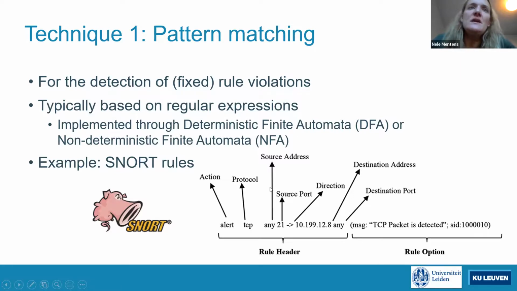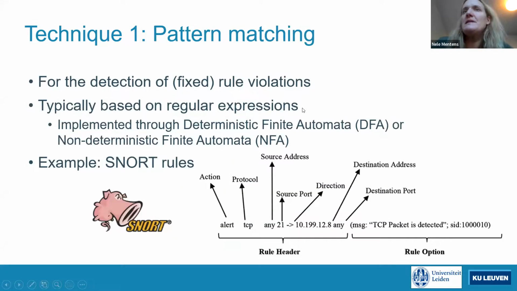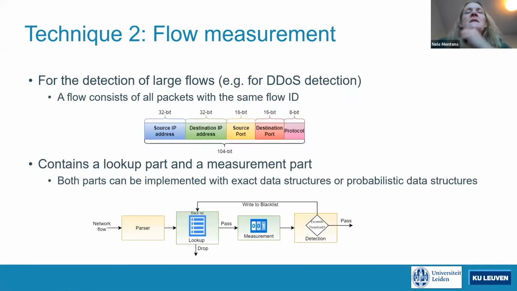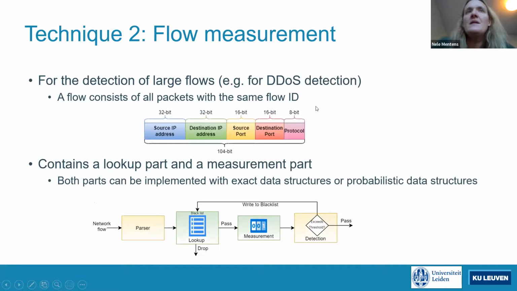This is something that has been going on for a longer time and has been used for a longer time. But FPGAs can be useful here to process all these things in parallel. Also, all types of attacks can be detected here as long as they can be put into rules.